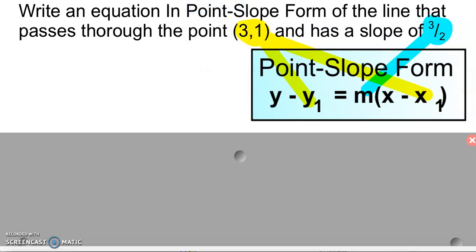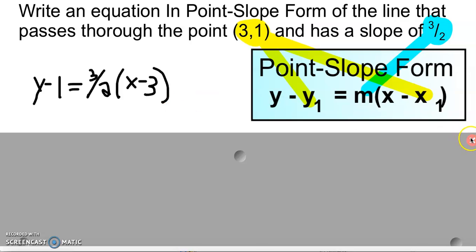So when I write this, I'm going to write y minus 1 equals, and then my slope is 3/2. Okay, and then I have to put the parentheses, and this is going to be x minus 3. And that's it.